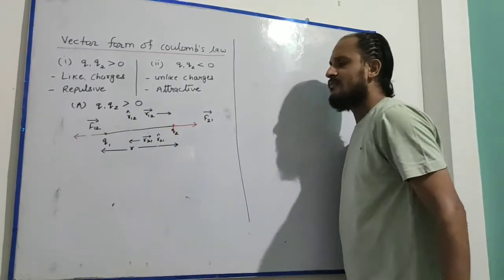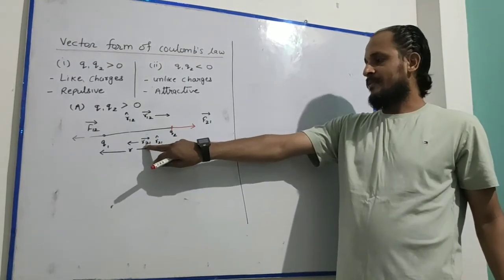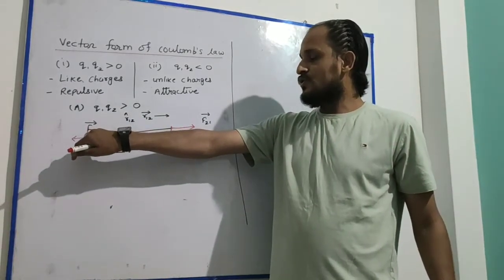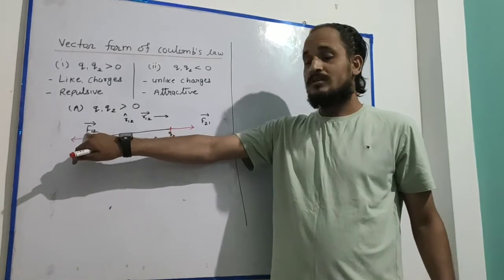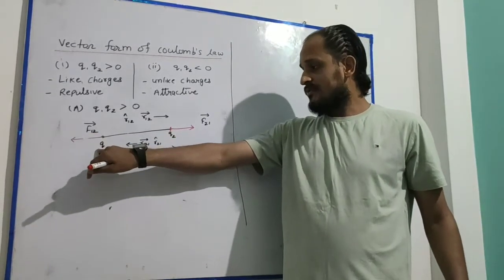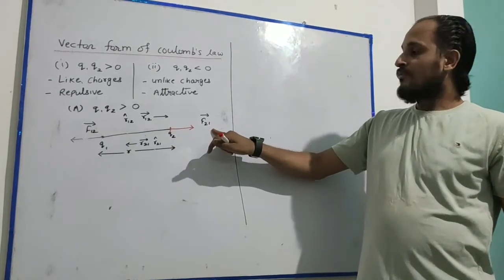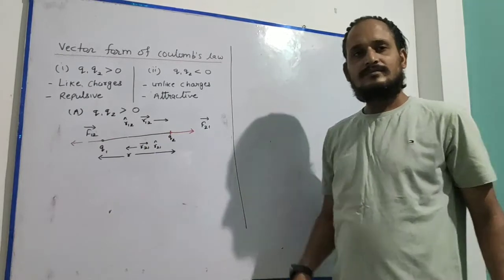Same as that of the direction of R21 vector. Now we will express these two forces, F12 vector, which is force on charge 1 due to charge 2. What is F21 vector? Force on charge 2 due to charge 1.